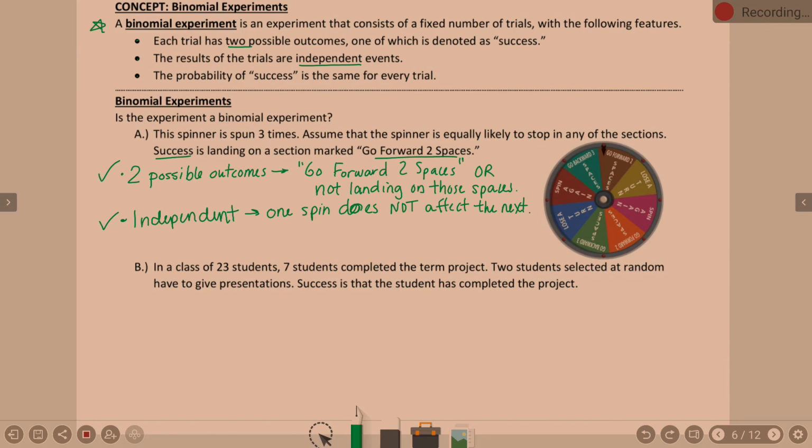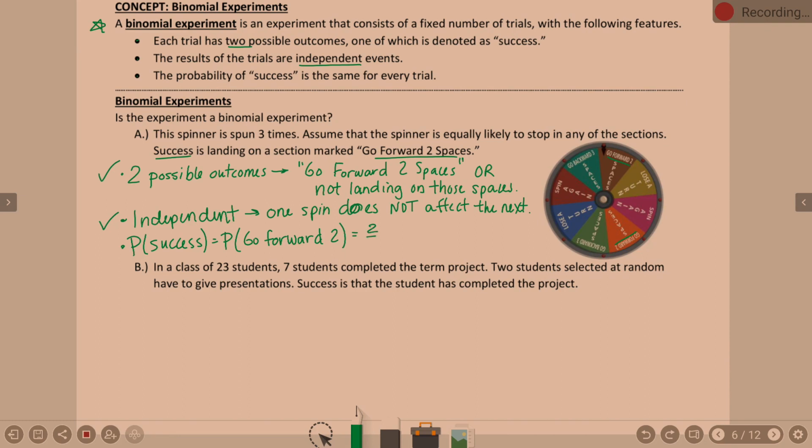Now, probability of success is the same for every trial. So when we talk about the probability of success, what is the success here? That's probability of landing on go forward 2, right? What's the probability of landing on go forward 2? One-fourth, is that right? 2/8, 1/4.